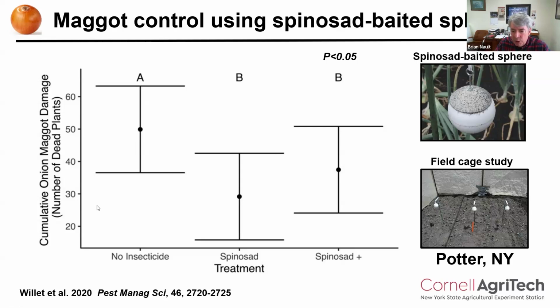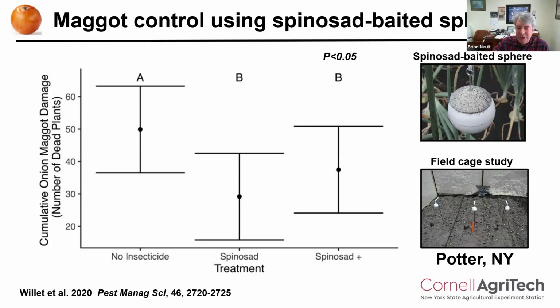But where we had the spinosad-baited spheres here in the middle, and also to the right here, and this had a different treatment added to it, we did see a reduction, well, sorry, this would be the cumulative number of plants that were killed. So we did see a significant reduction, but not a lot, but it was some. So that gave me some promise that who knows, maybe this would work in open fields.